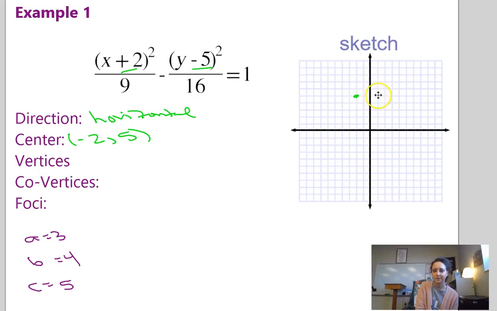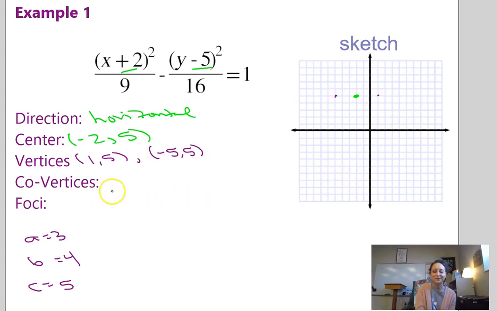So I'm going to go 1, 2, 3, and then to the left 3. So basically I'm adding and subtracting 3 to my x-coordinate from the center, okay? So if I take the x-coordinate and add 3, I would be at 1, hold the y-coordinate. And if I take my x-coordinate from the center and subtract 3, I'd be at -5, again, hold the y-coordinate.